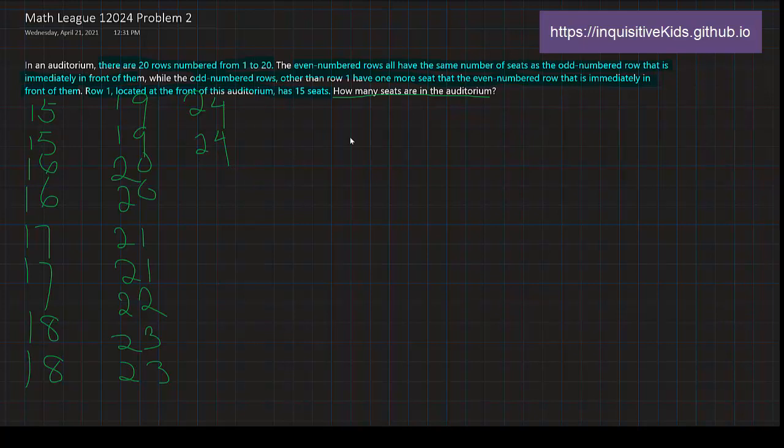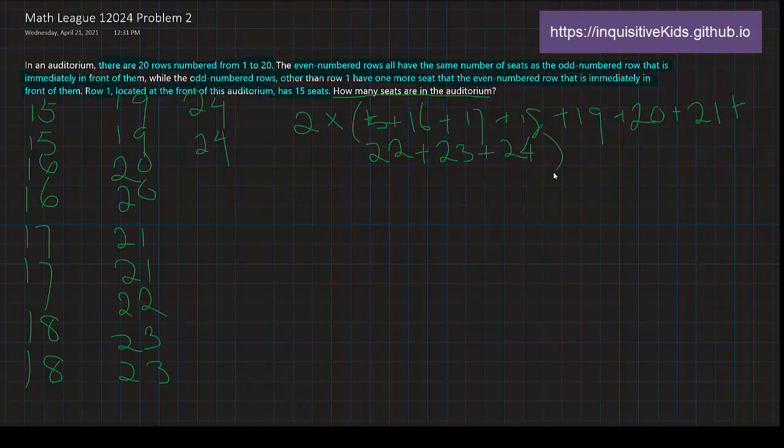Now, our only step is to add these together and we'll solve the problem. If we want to add these together, it's really 2 times 15 plus 16 plus 18 plus 18 plus 19 plus 20 plus 21, 22, 23, and our final one, 24. Now we're going to simplify.